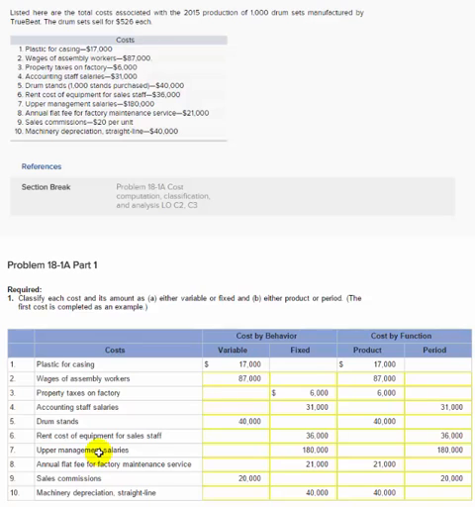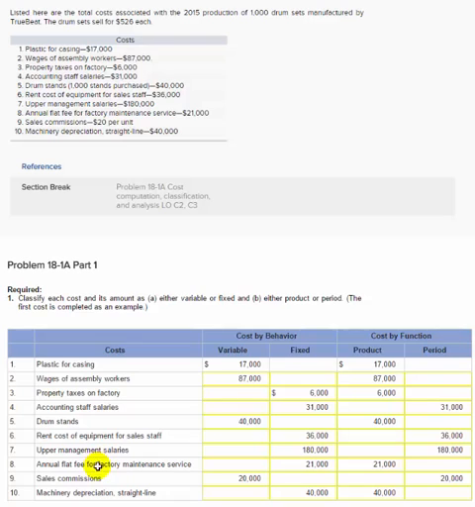Upper management salaries, same thing. It's considered a fixed cost, and it's also going on outside the factory, so therefore it's going to be a period cost.